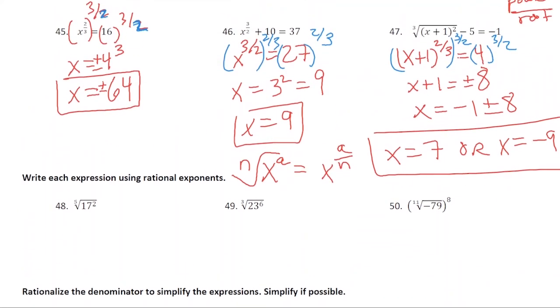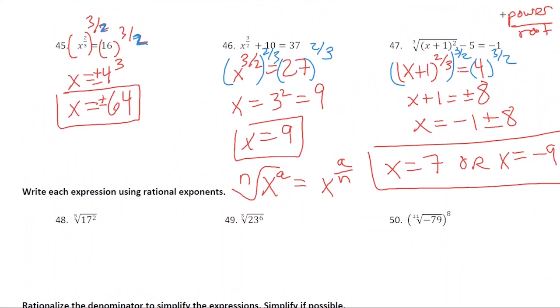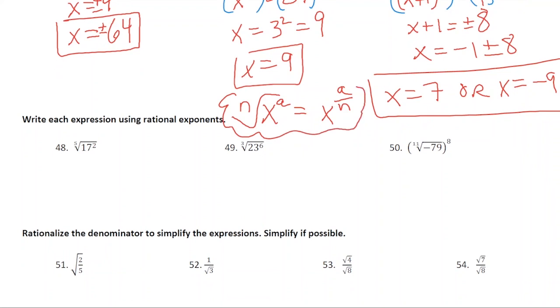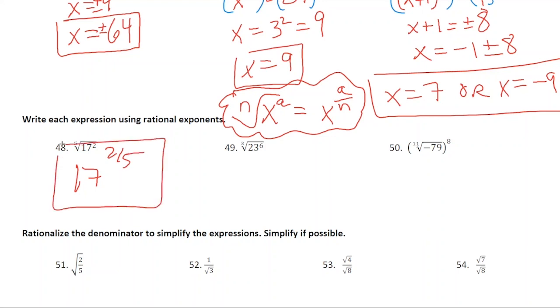Remember, that exponent is going to be power over root. So for 48, we're just going to rewrite this as 17 to the 2/5 power. 49, we'll say 23 to the... now 6 over 3 is reducible. If you leave it like that, it's okay, but a better answer would be 23 squared.